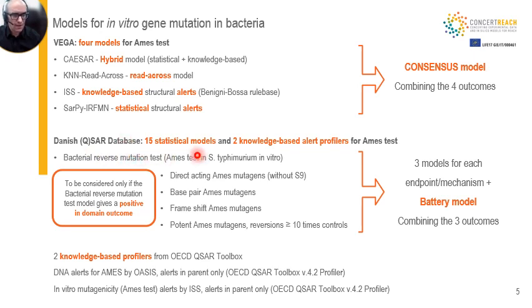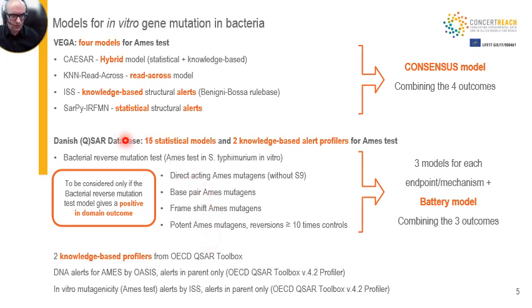and if the result of this model is positive, meaning mutagenic, and the molecule is evaluated as in-domain, then possible mechanism can be investigated using 3 statistical models for each effect.